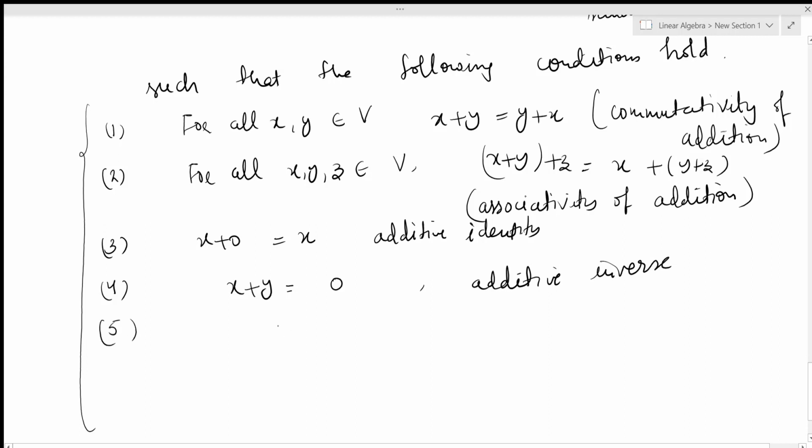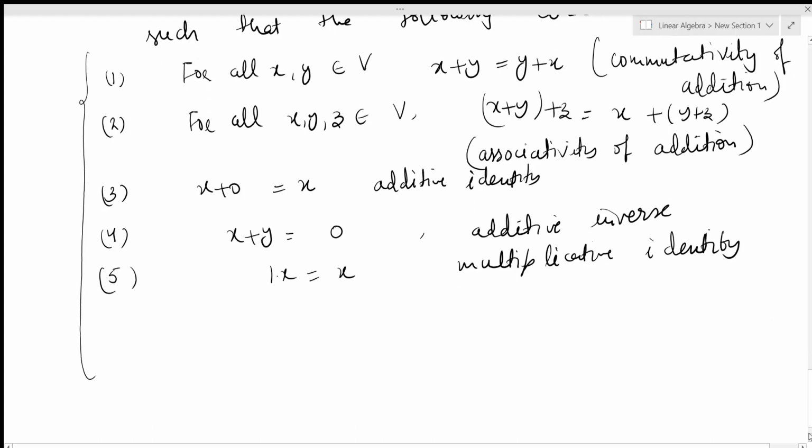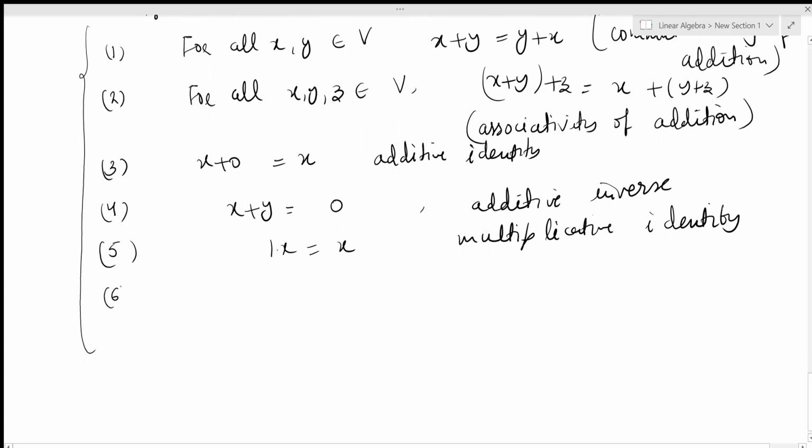Now the fifth one is the multiplicative identity. The sixth one is scalar multiplication, associativity with respect to multiplication, given as a(bx). Now the seventh one, distributive, scalar over vectors: a(x plus y) is ax plus ay.